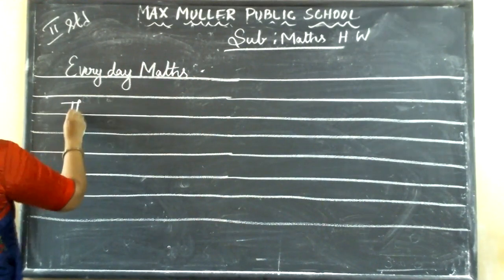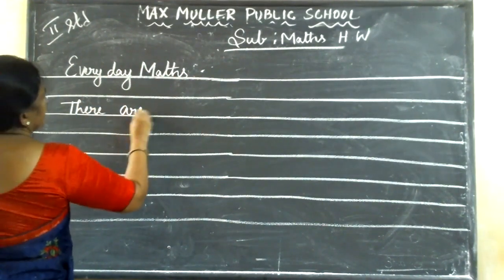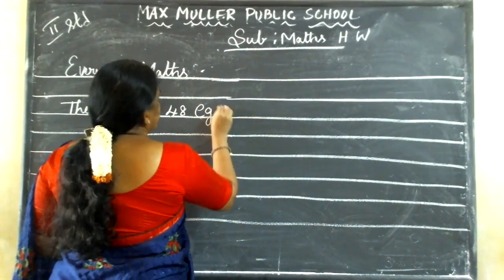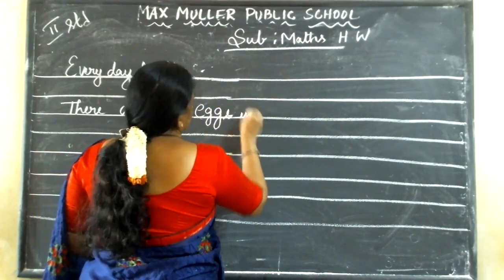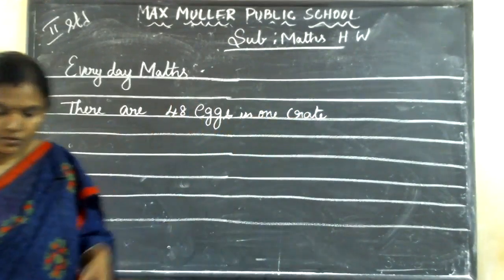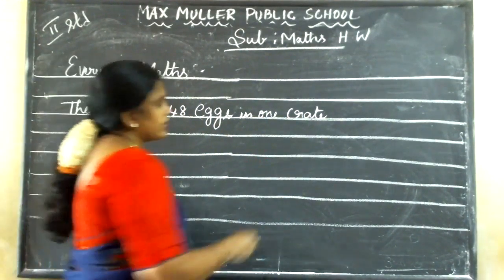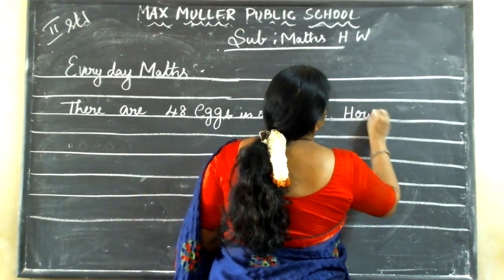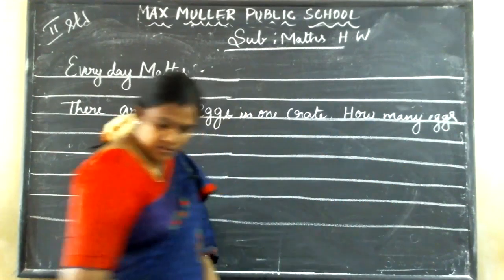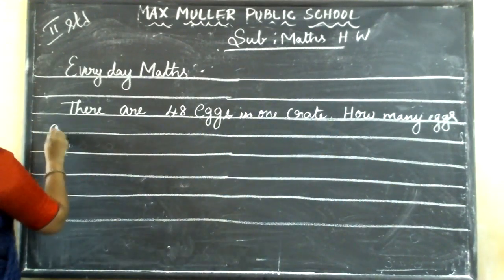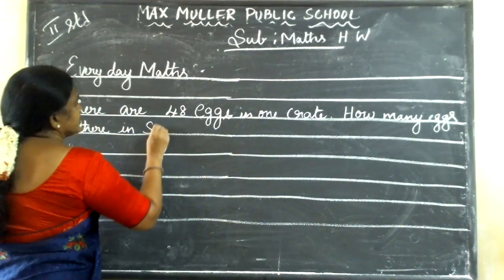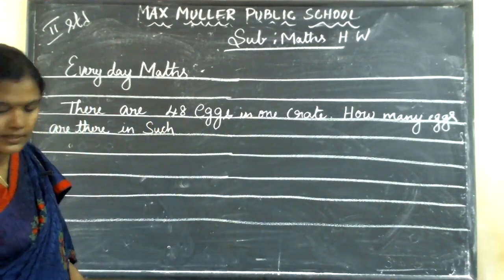There are 48 eggs in one crate. One crate means what, children?